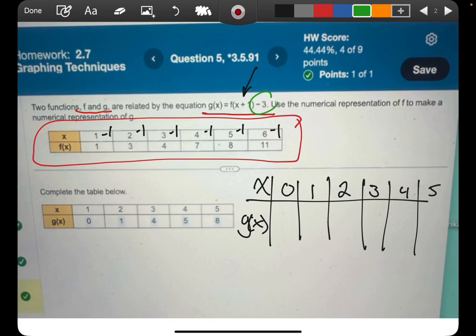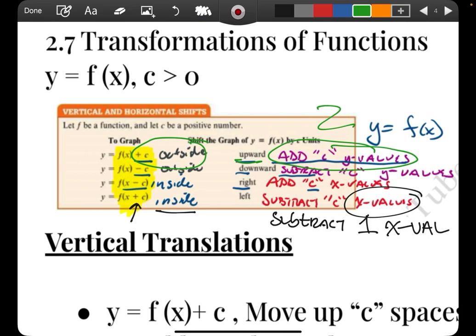Let's see what else we got. We got a minus 3. Now that minus 3, y'all, is on the outside right here, so we're going to subtract 3, but now we're going to subtract it from the y values.